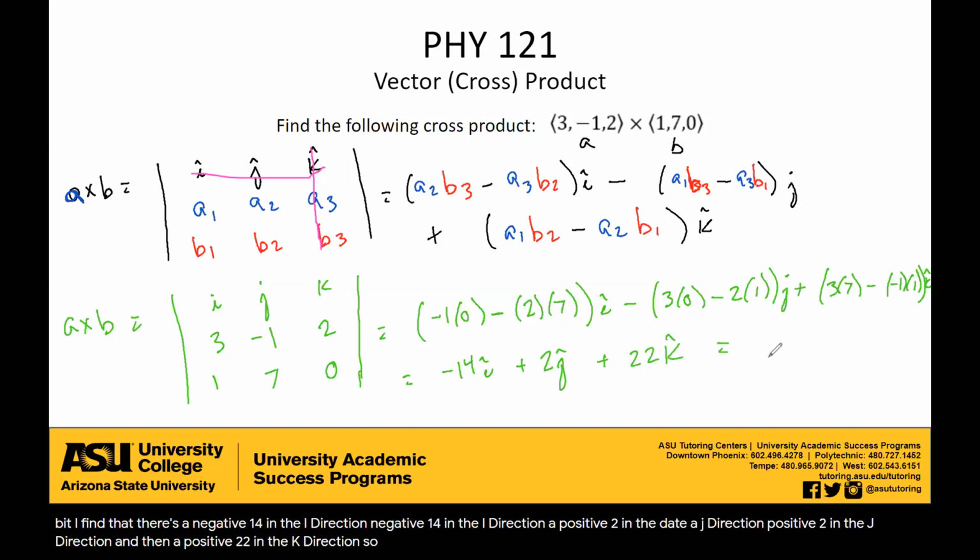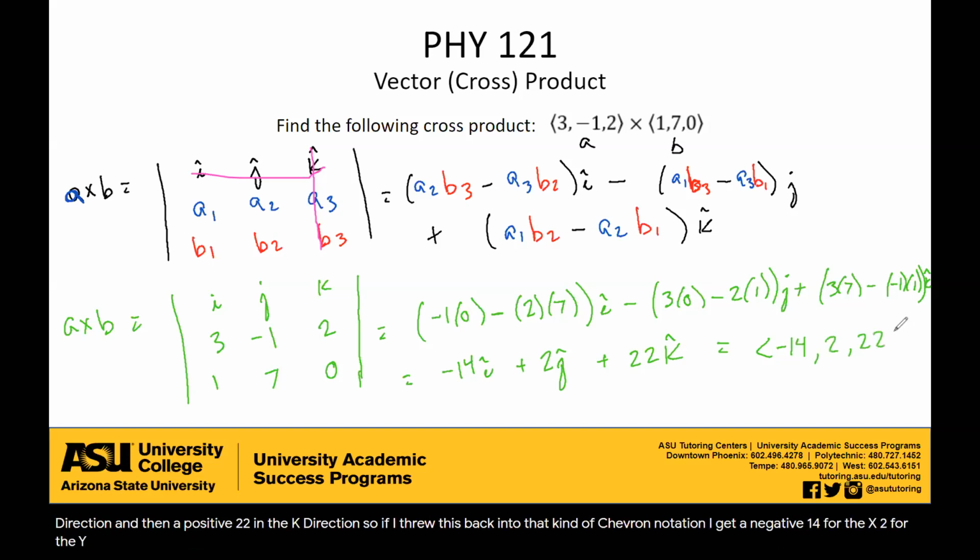If I put this back into chevron notation, I get -14 for the X, 2 for the Y, 22 for the Z. And that right there is the cross product between those two vectors.